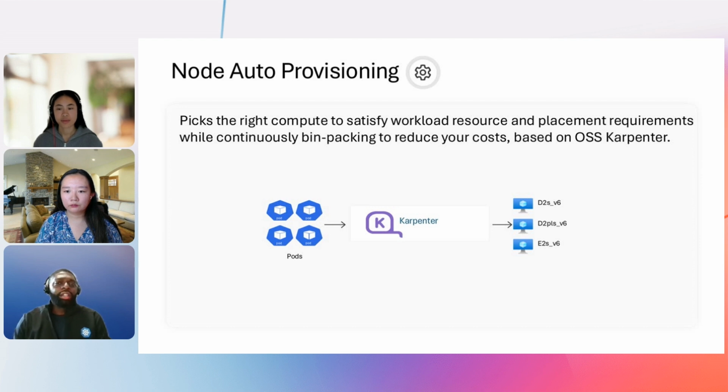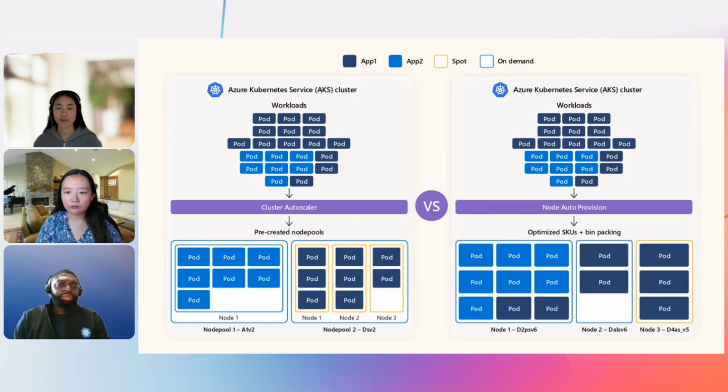But to that point, let's explore the experiences between cluster autoscaler and node auto provisioning. As you can see here, this is what that experience looks like between the two. As I mentioned, in the cluster autoscaler scenario you're using node pools, or groups of nodes, and those have to be pre-existing node pools that you then scale up or down.